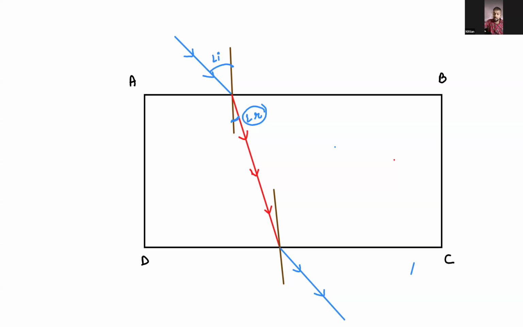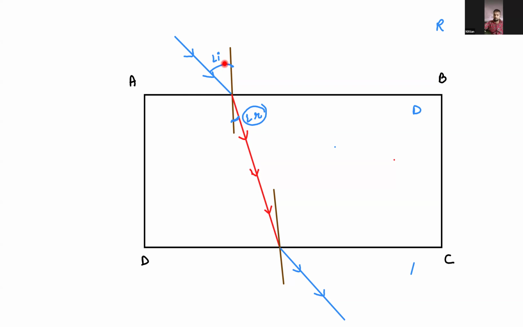As we know, the outside air is rarer and the inside is denser. So when light travels from rarer to denser, the light will move towards the normal. So you can see that angle I is a bit open, but angle R is very near to the normal because it moves towards the normal.